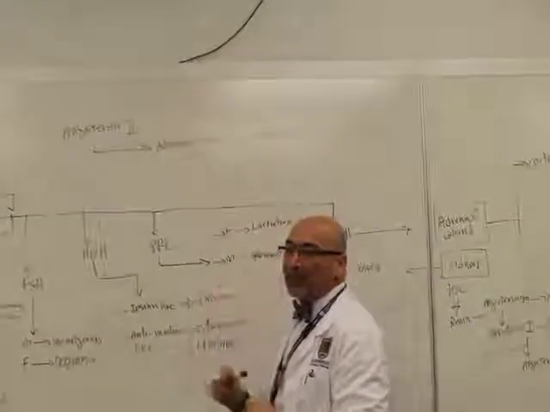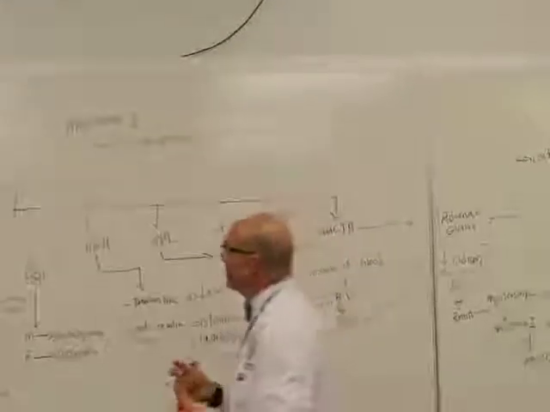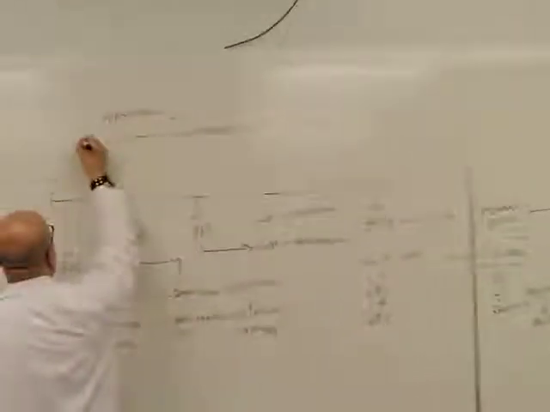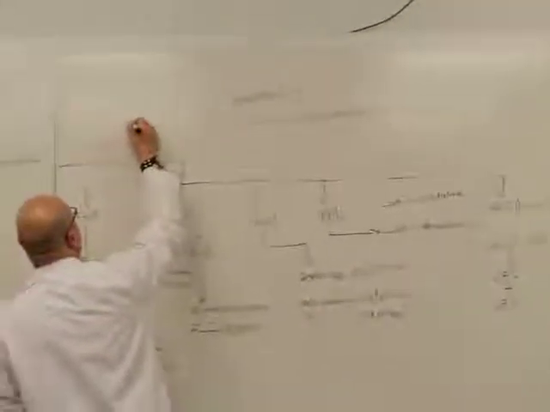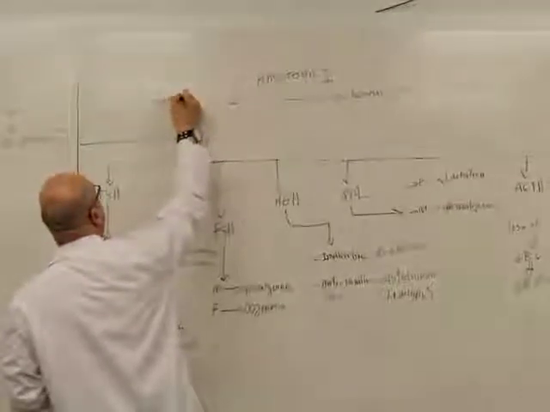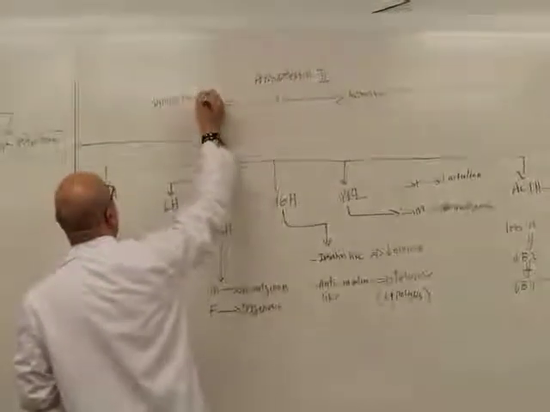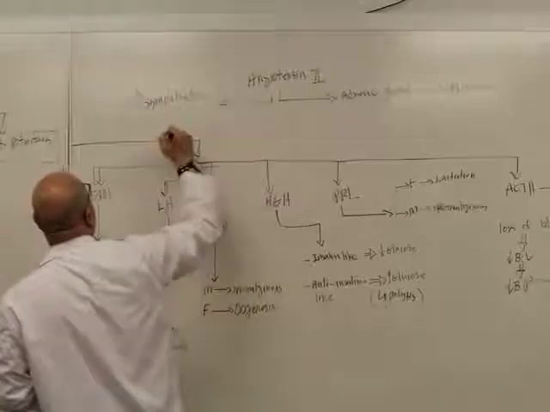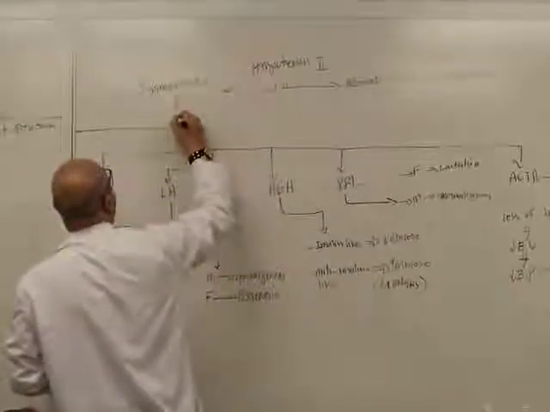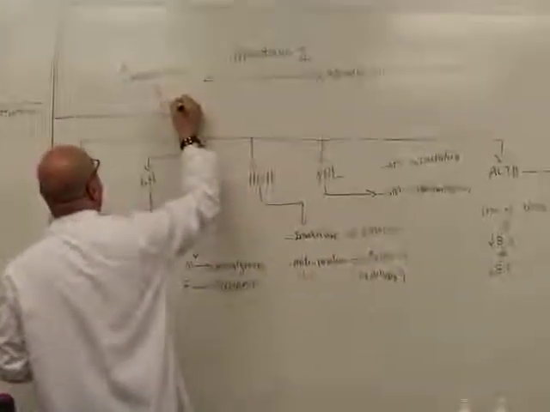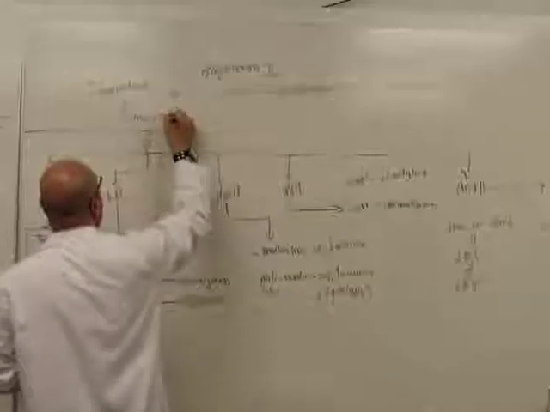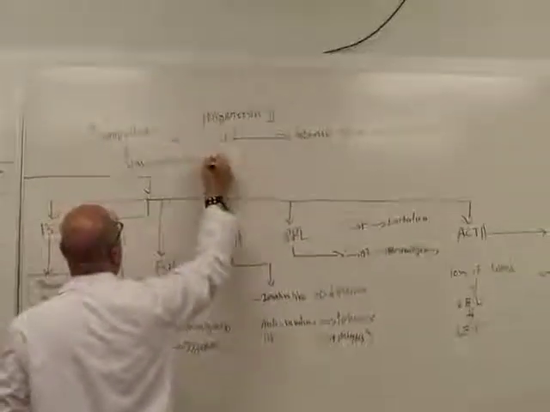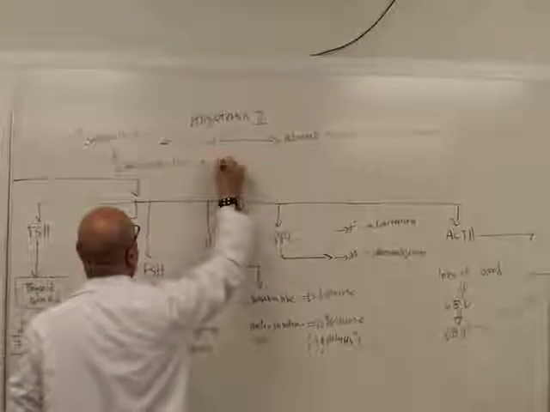And we know what happens to aldosterone. And also, it promotes activation of the sympathetic pathway. And then that leads to vasoconstriction. That leads to increased blood pressure.